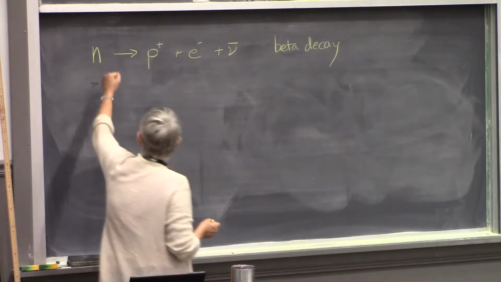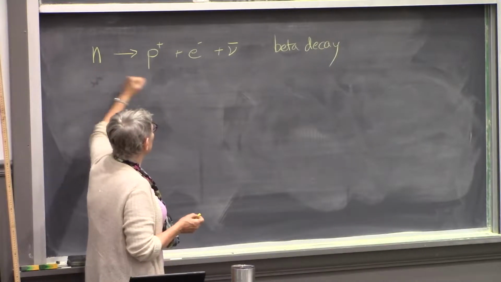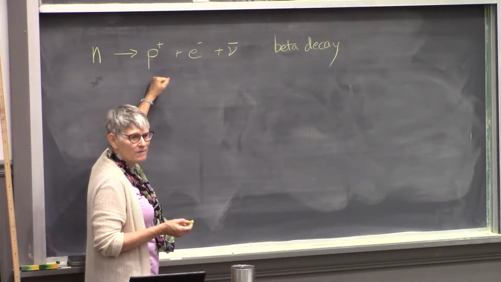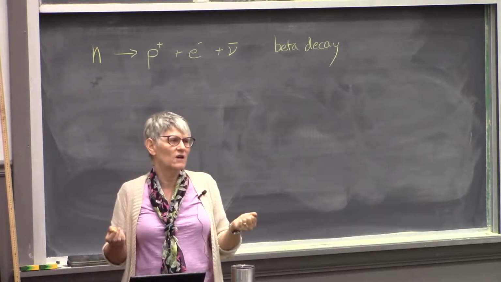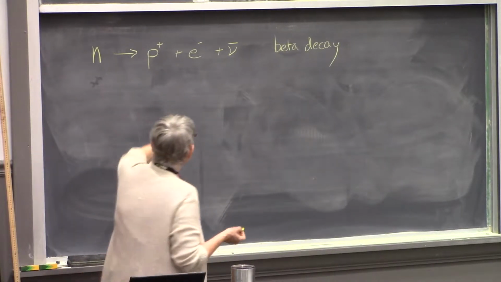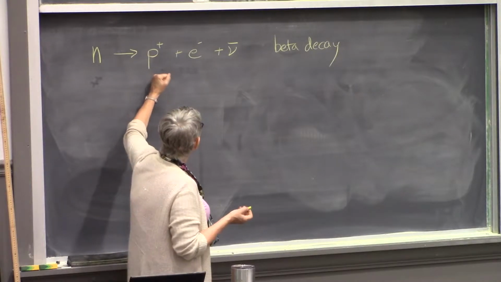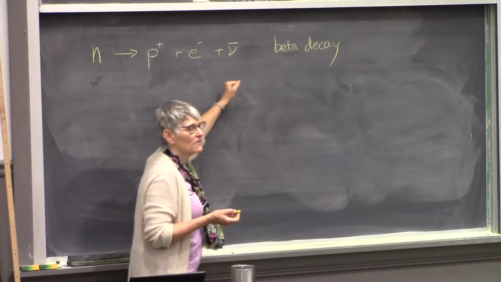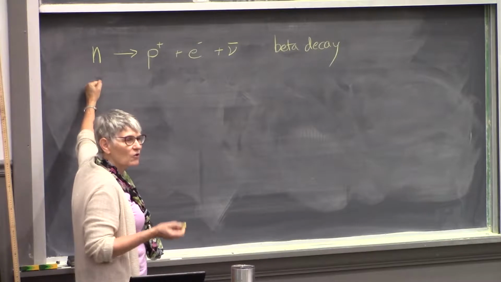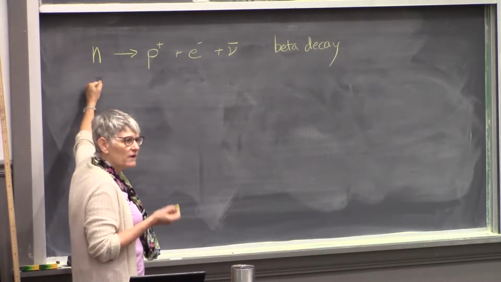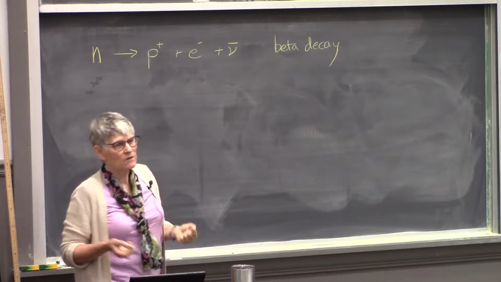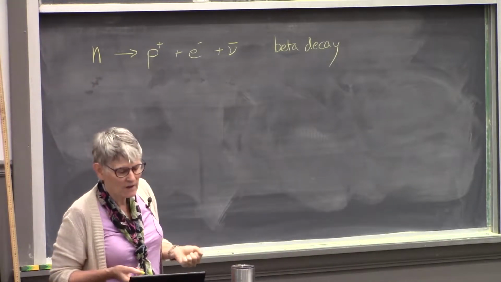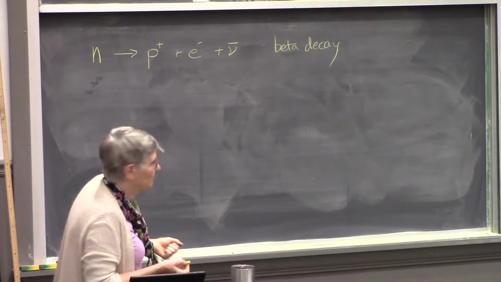And so in our initial state, we've got a neutron, but then we don't have a neutron anymore. We've got 3 other particles. So the identity of the system has changed. And presumably, the energies of all these particles have to add up to the initial energy of the neutron, and if it was at rest, it adds up to the rest energy of the neutron. So that's one kind of process where we have changes of rest energy.